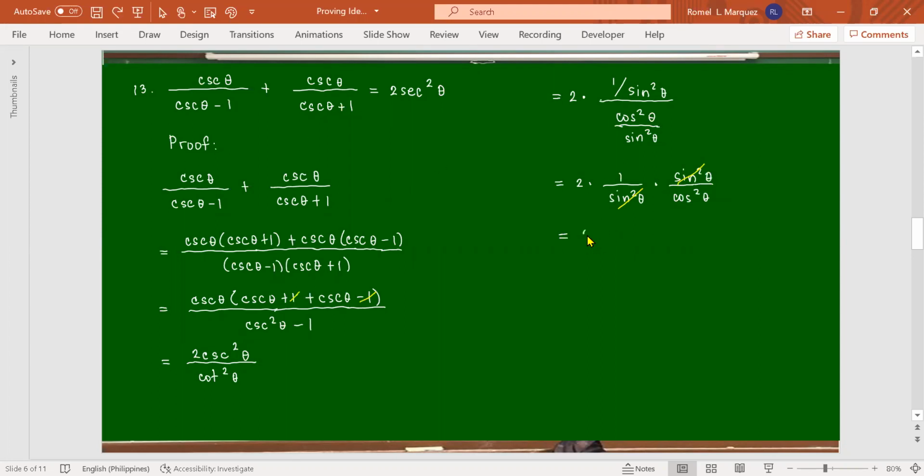So 2 times 1 over cosine squared theta. Finally we have 1 over cosine squared, that is secant squared. We have proven that again, the left is equal to the right.